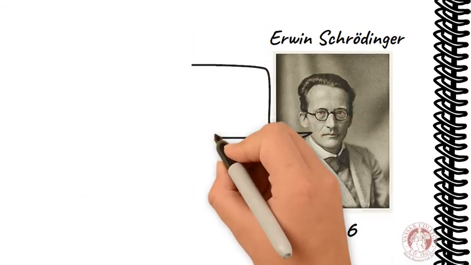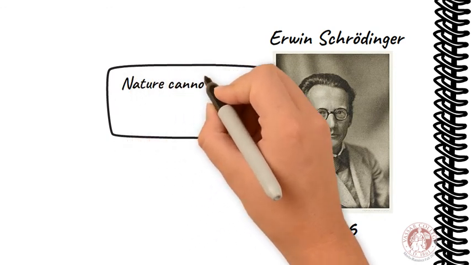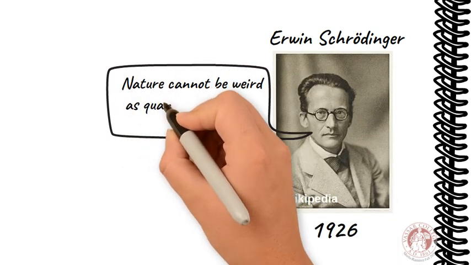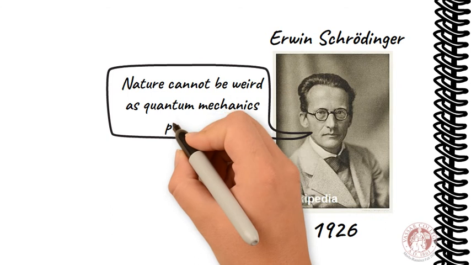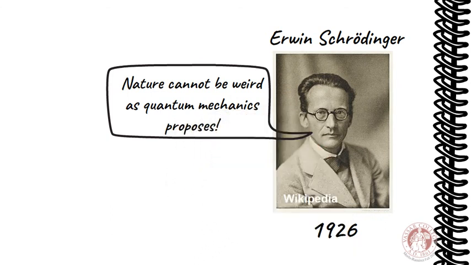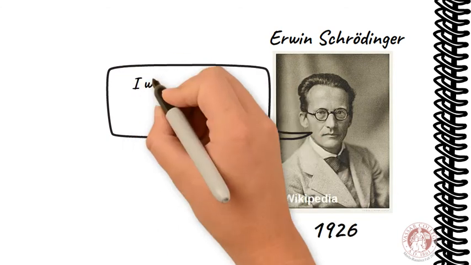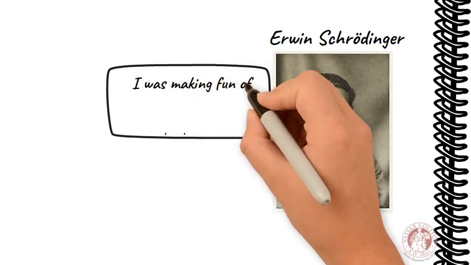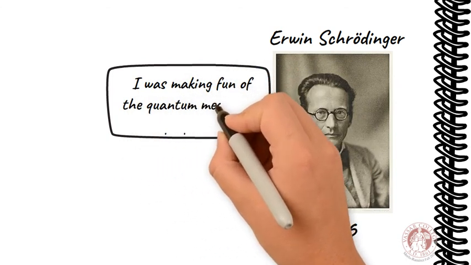It was a reaction to the weird proposals of the quantum mechanics. As an interesting note, Schrödinger was convinced that nature cannot behave in a random way. Furthermore, Schrödinger proposed a thought experiment, also known as the Schrödinger's cat, in which he mocked the quantum theory of his time.